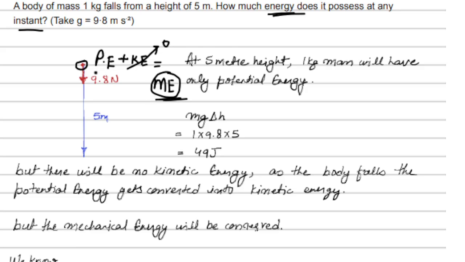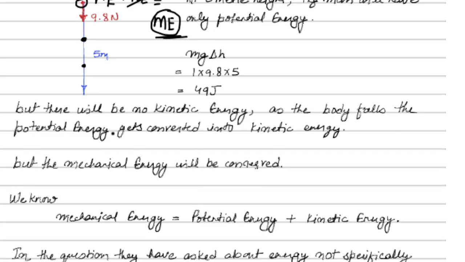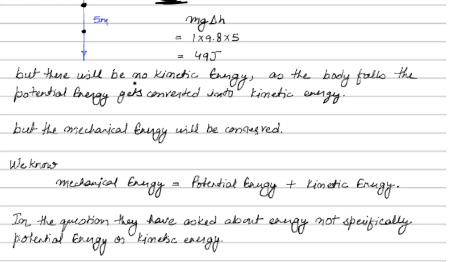Whatever the potential energy, it will of course reduce, but the reduction in potential energy will get converted into kinetic energy. So the sum of potential energy and kinetic energy will still hold true as constant at any instant. So let's read the theory here, what I have explained. But there will be no kinetic energy at the top.